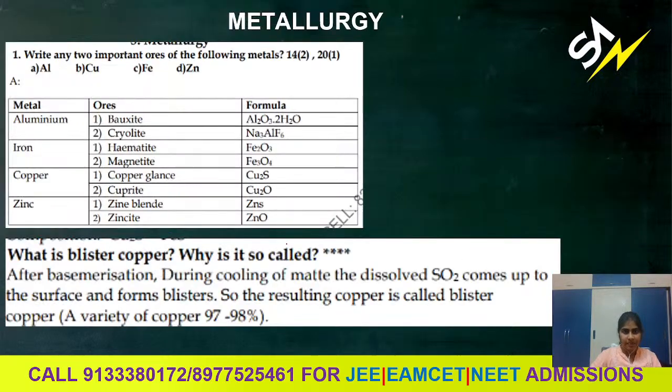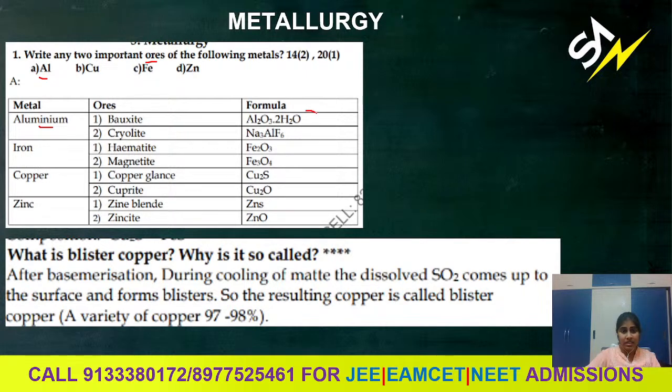And next we have the concept of metallurgy. In metallurgy, mostly the questions come asking for the ores of the metals, like what is the formula of the aluminium ore. We can get aluminium from the ores bauxite and cryolite.